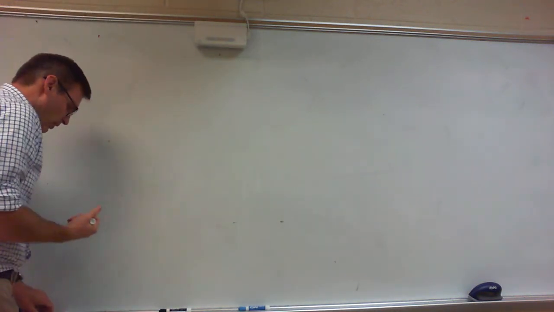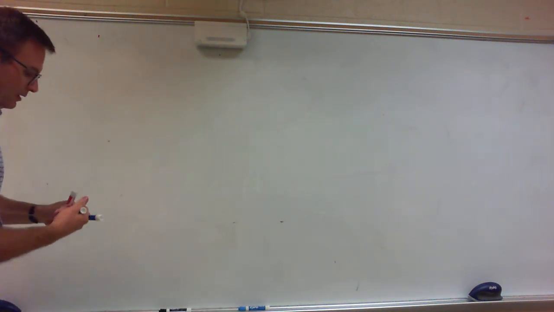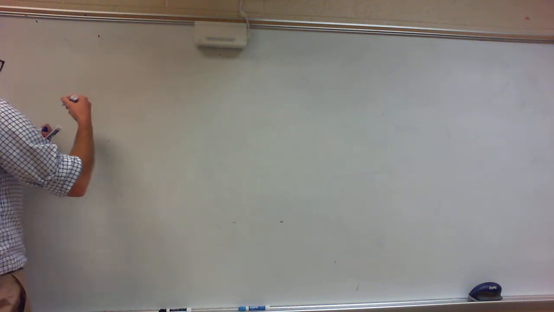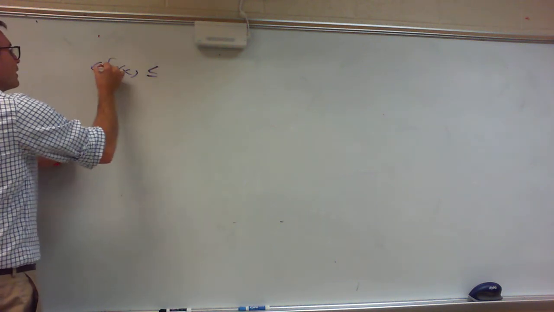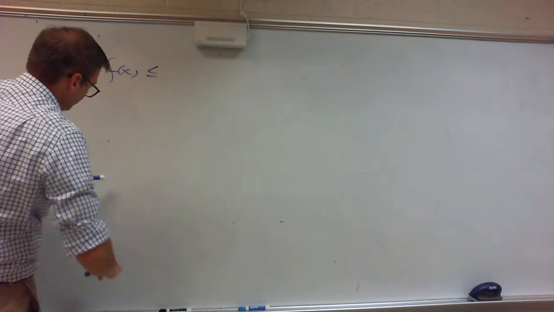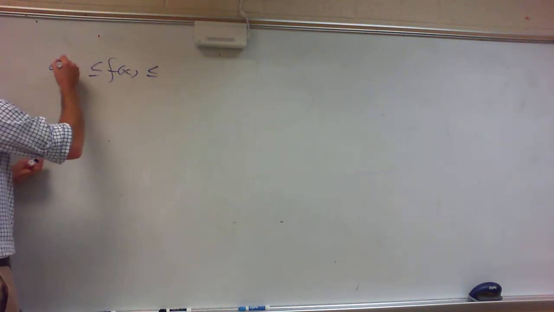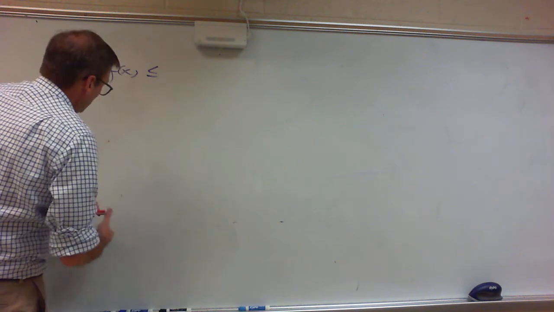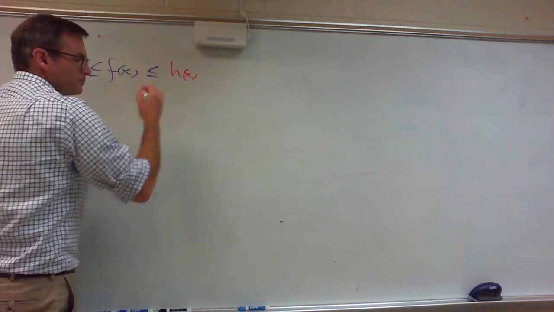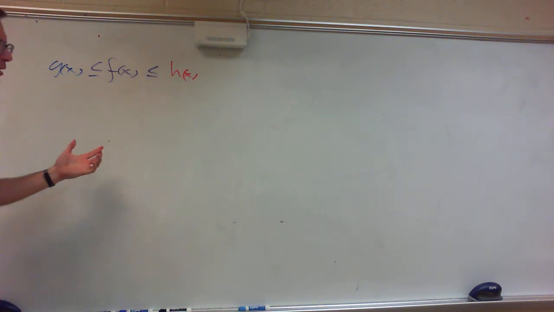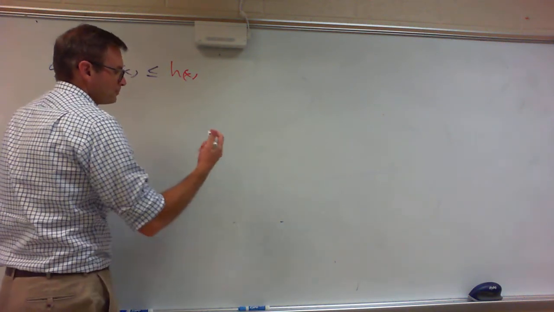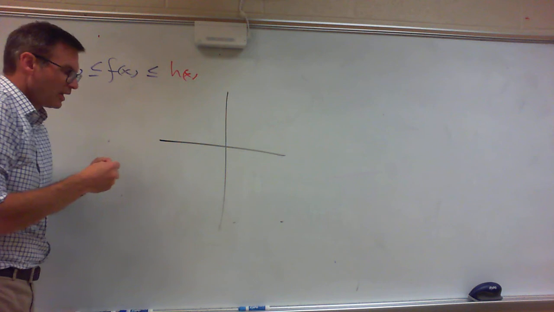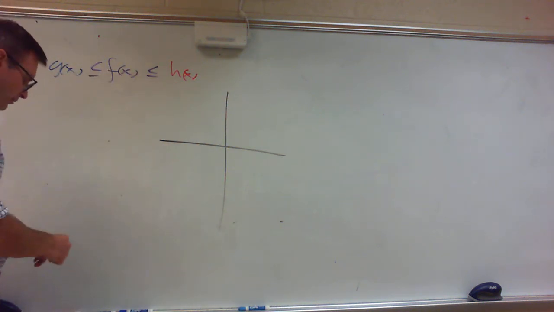If I write down that f of x is in between g of x and h of x, what that means, if I'm drawing this picture, because all of these functions represent a picture, is that h of x is always bigger than everybody.